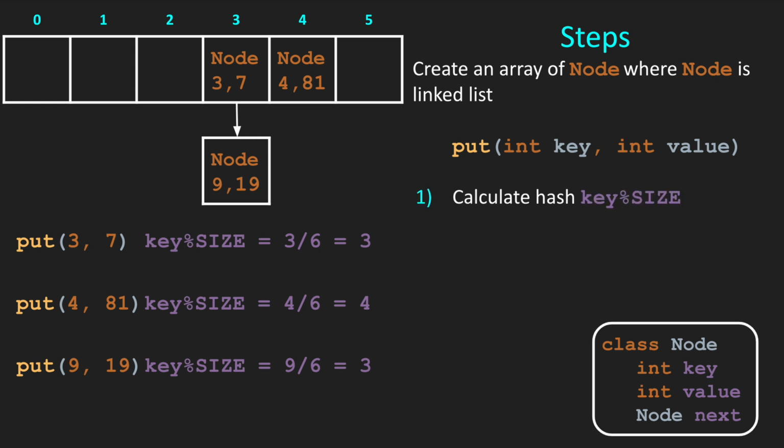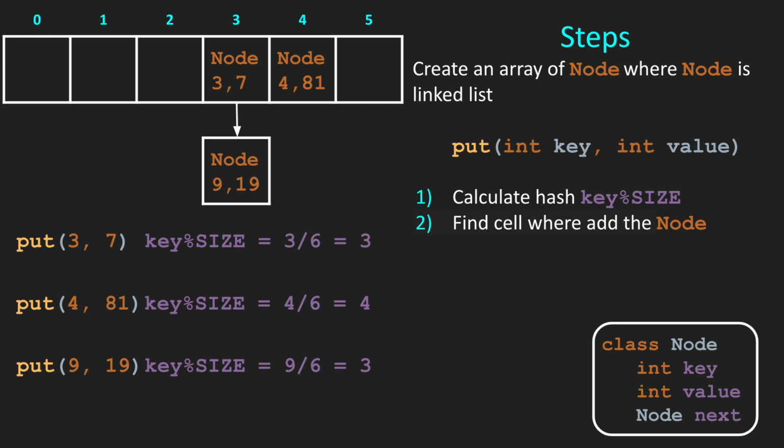So let's go over our steps one more time. The first step that we do here is calculating a hash. Again, the hash function is much more complicated, but in our case, we are simplifying that: we are taking key modulo size. Why modulo? Because it allows us to evenly distribute nodes to each of our cells.